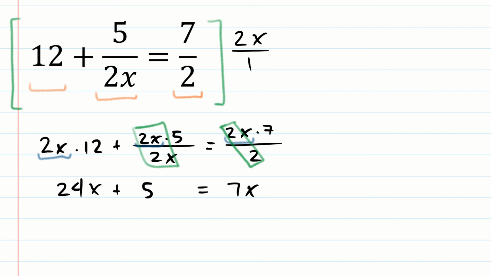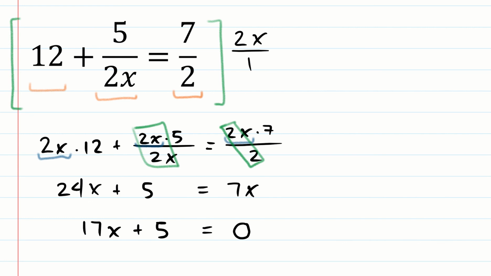To solve this, I'm going to take away 7x from both sides. When I take away 7x from the left hand side, this 24x is going to become 17x plus 5. And when I take away 7x from the right hand side, I'm left with nothing. So I put a 0 there to remind me that there's still two sides of this equation.